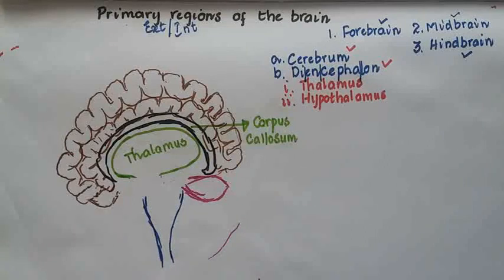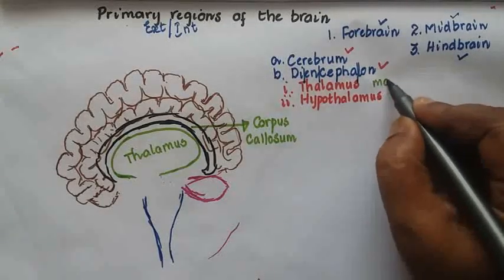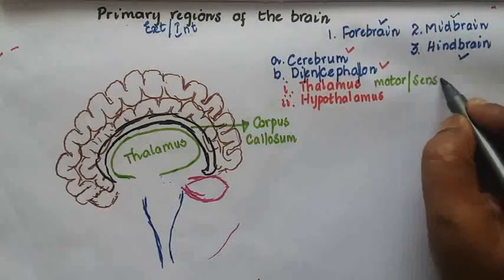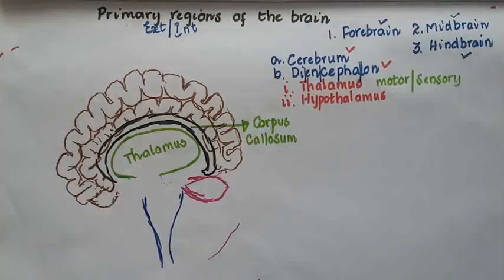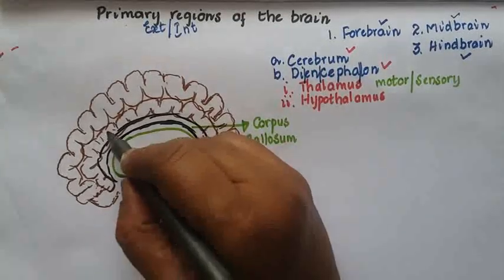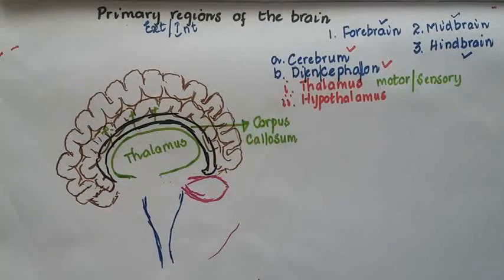So what is the function of thalamus? The thalamus, in fact, relays all the motor followed by sensory impulses. Whatever impulses we receive from the sense organs or from the muscles are conveyed to the cerebral cortex because of the thalamus.